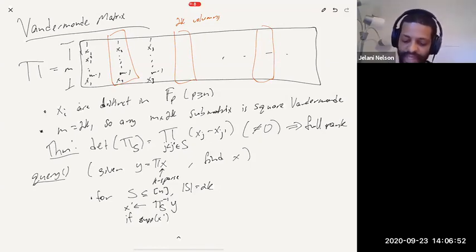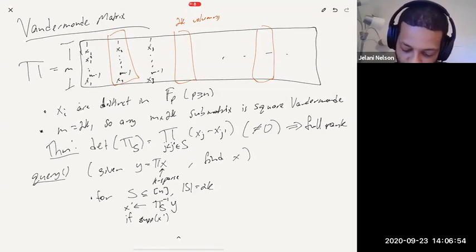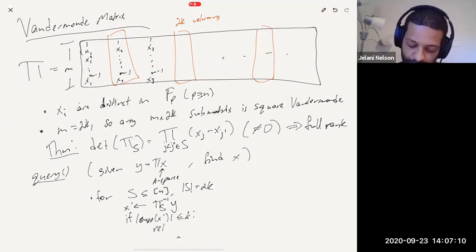But we're looking for something that's k-sparse, so it might be too dense. It's only 2k sparse. So if the support of x prime has size at most k, then return x prime with zeros added in the right places.